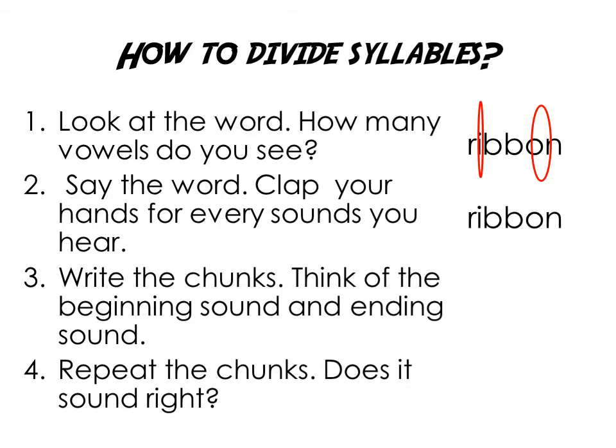Okay? Now, third, write the chunks and think of the beginning sound and ending sound. So, rib, so that's the first chunk. And then we divide it. Chop. And then, bon. So, ribbon. And then fourth, repeat the chunks. Does it sound right? Ribbon.